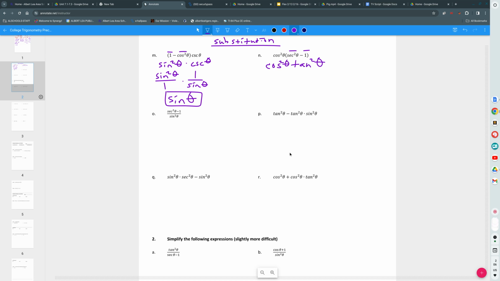Now this becomes a problem just like we looked at on the last page. We write it as cosine squared of theta over 1 times sine squared of theta over cosine squared of theta.